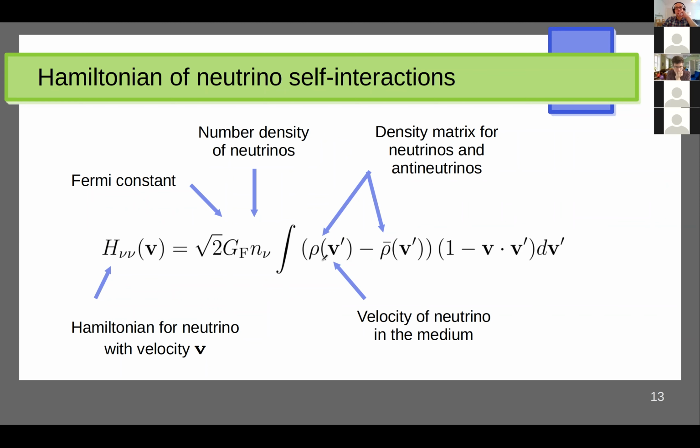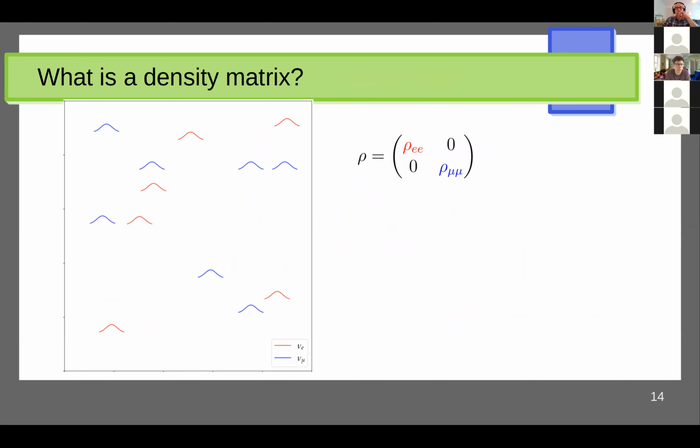So before we look at what the implications of this are in an astrophysical system, let us first recap what a density matrix is. Let us suppose we have a gas of neutrinos represented by these Gaussian wave packets. The red wave packets are electron neutrinos and the blue wave packets are muon neutrinos. If we have a gas of these electron neutrinos and muon neutrinos, the number of electron neutrinos is this rho EE term, and the number of muon neutrinos is proportional to the rho mu mu term.